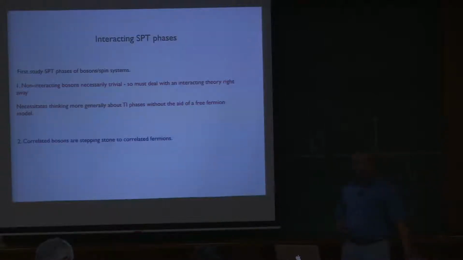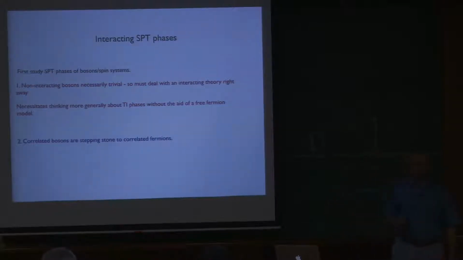It's very useful, in building up a way of thinking, to start not with the problem of electrons, not to confront that head on first, but instead to think about SPT phases of bosons or spin systems. No fermions in the Hilbert space. Why is this useful?